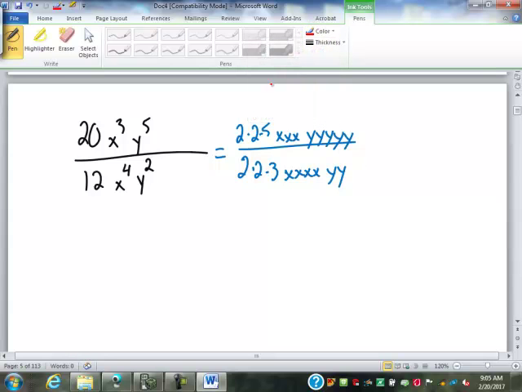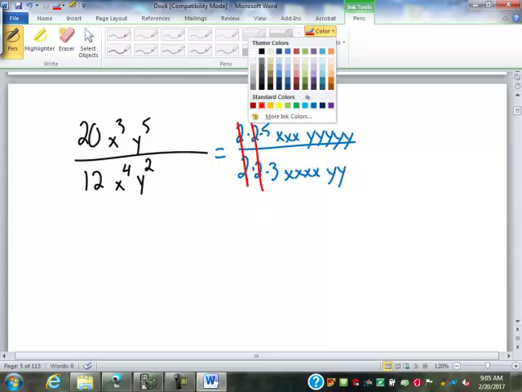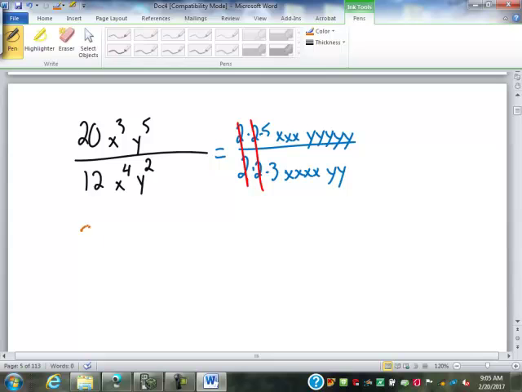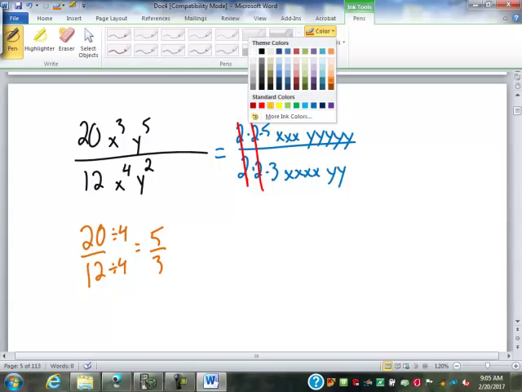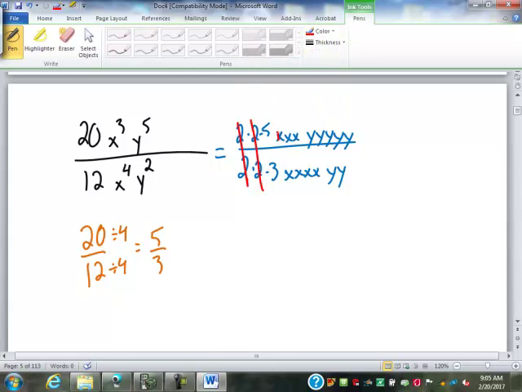And really what we're doing when we do that process, we're canceling out factors. The 2's cancel out. Both of those can be divided by 4, giving us 5 over 3. When we subtract the powers for the x's, we've canceled out those x's. And the same for the y's, we subtract the powers. So on top, we have 5y to the third over 3x.